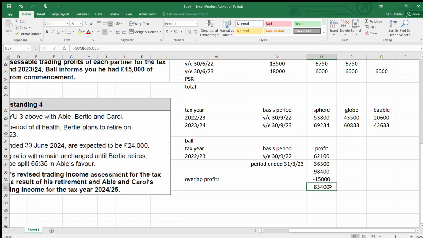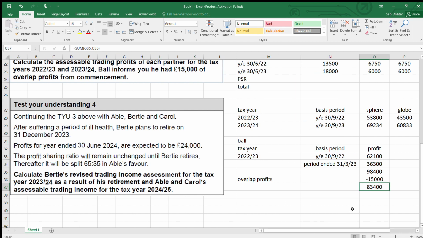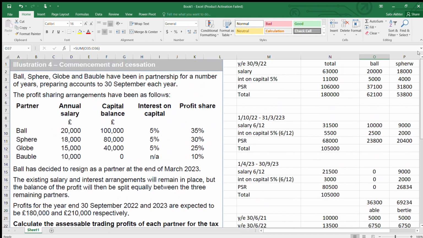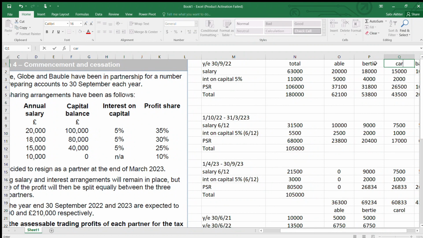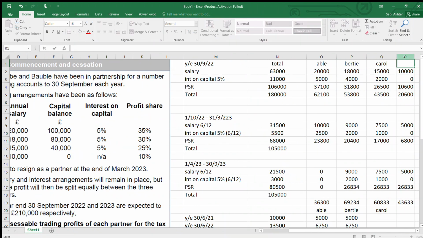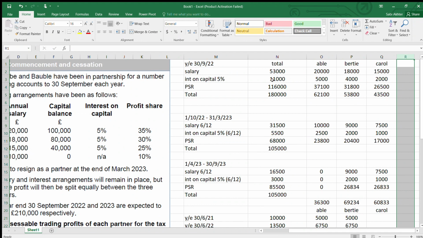Now, test your understanding 4. So we'll do the same. Total, Abel, Berti, Carol. You just delete this. The year end is 30th June 2024.